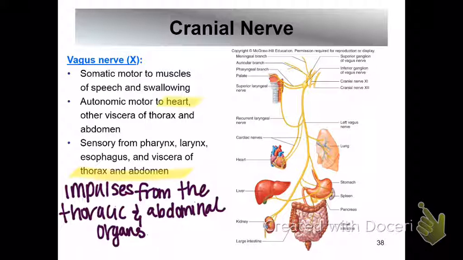And so vagus is when your belly hurts, you feel it in your brain, allows you to be able to feel that. Abdominal organs, the esophagus, and we've probably all felt things there.